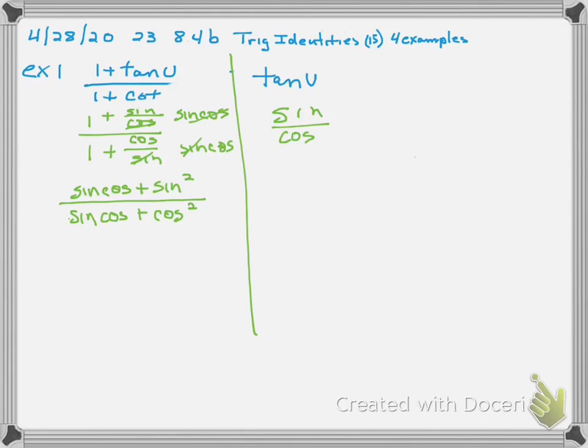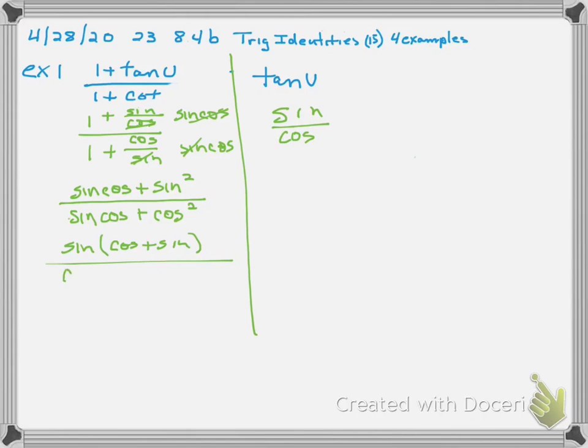So I've got to take out my common factor. I've got sine on the top times cosine plus sine. I just factored out a sine.